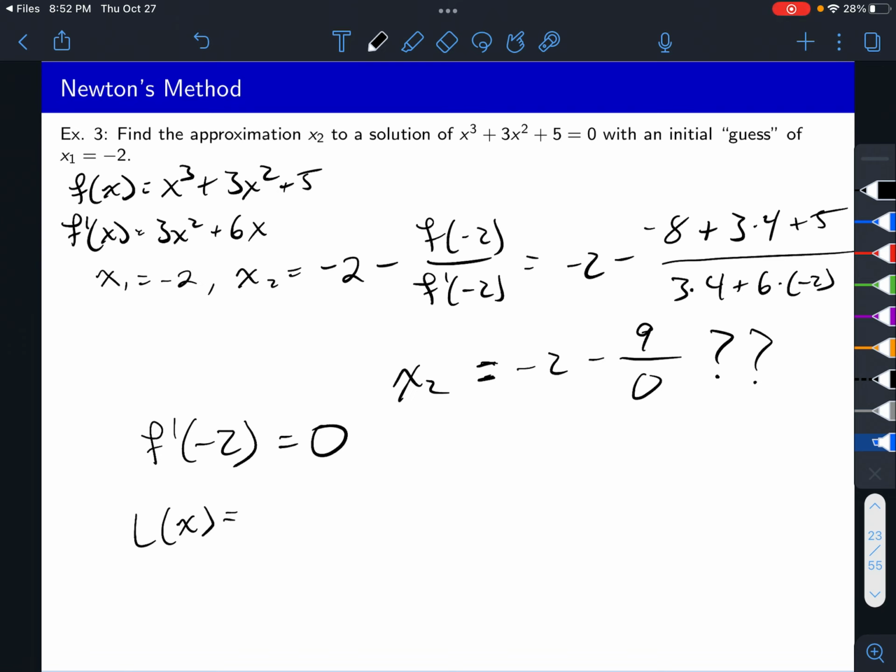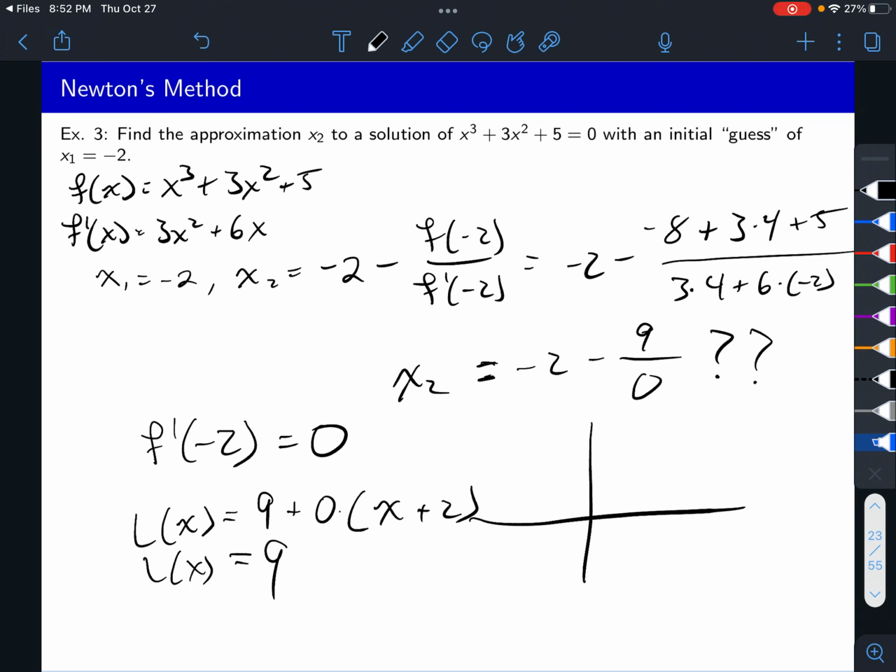So our tangent line is f of -2, which was 9, plus our slope, which was 0, times x minus -2. This is the equation of our tangent line. So our tangent line is literally just always equal to 9.